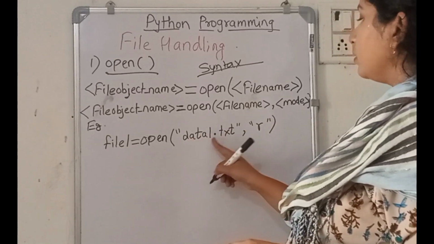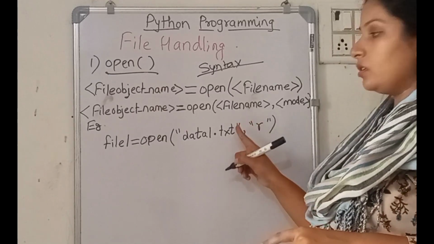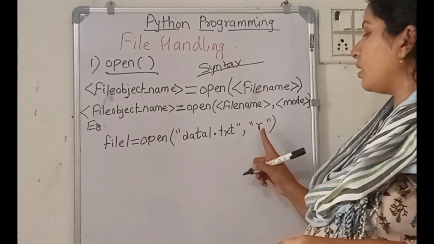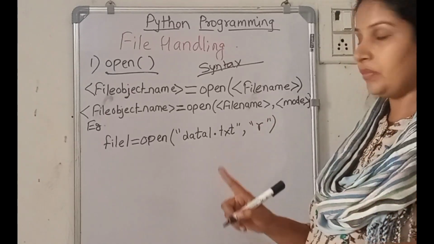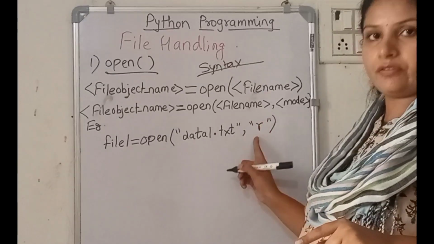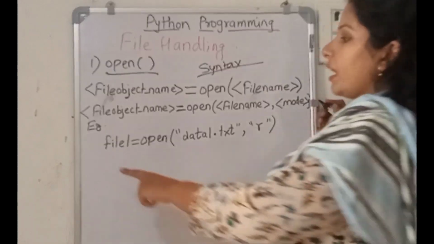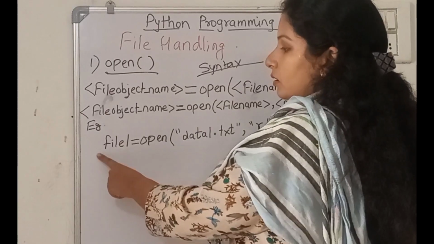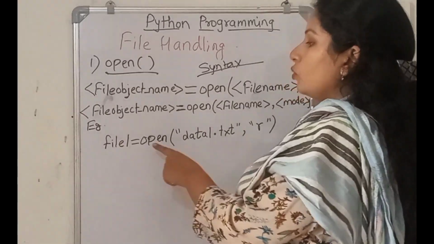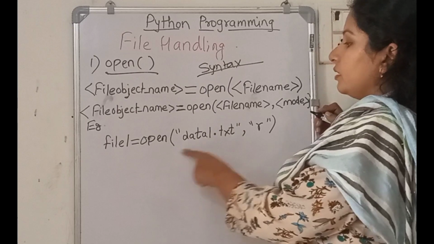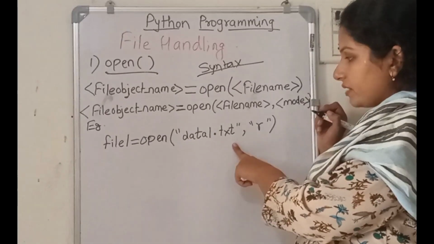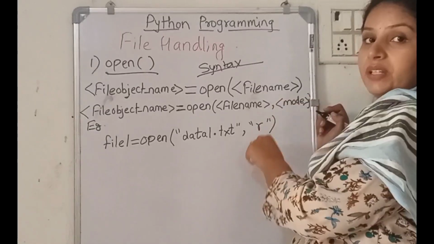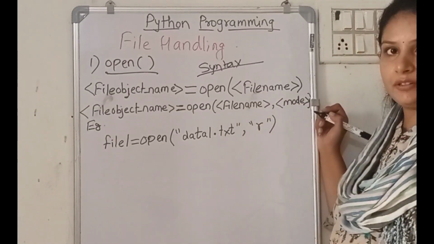So data1.txt quote complete, comma, and in single or double quote R, W or A. This mode will be defined. So here I am stating that I am creating one file object or file handle as file1 equal to open function, then the name of the file, which is data1.txt, and then the mode of opening the file, which is read.